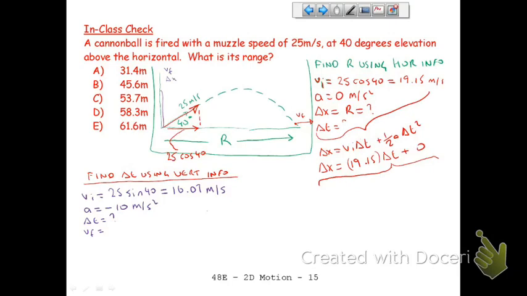If you decide to end the journey at the top, then your VF is 0. The only problem with that is when you're at the top, you're only halfway down your range. So if I decide that my VF is 0, I've got to remember that whatever time I get has to be doubled before it goes back in here. People do that.